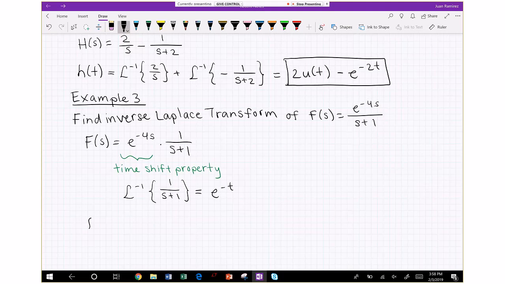So our time domain function for the whole thing will be e to the negative t, but with a time shift of 4. So instead of t, I'm going to say t minus 4. And then you have to multiply by a step function that's time shifted by 4.